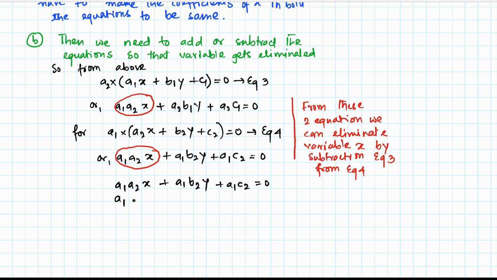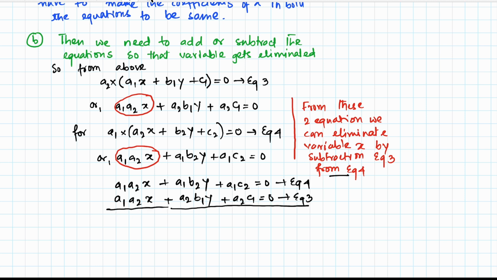So let's see. We are subtracting equation 3 from equation 4, as described. So subtracting, plus becomes minus, plus becomes minus. Now you can see x is eliminated. So what are we remaining with? We are remaining with a single variable.